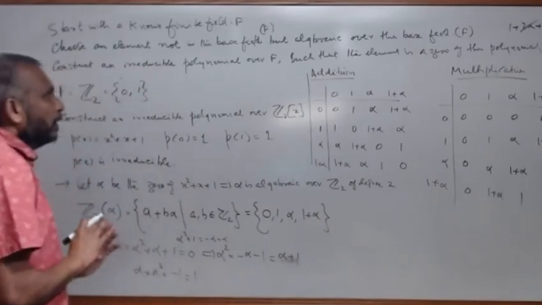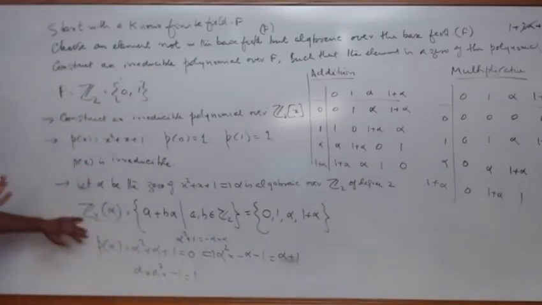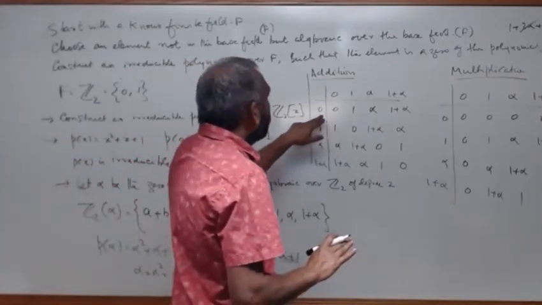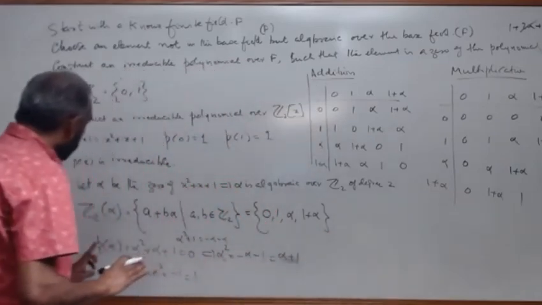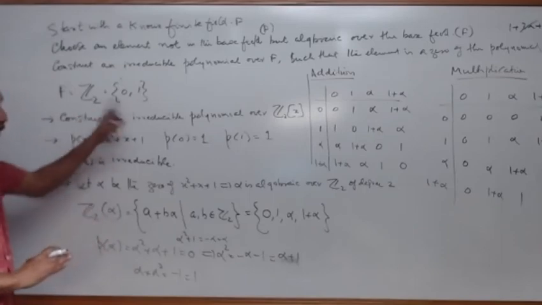So we know everything about this field. It has 4 elements, and we know how to multiply and add these elements with the other elements of the base field.